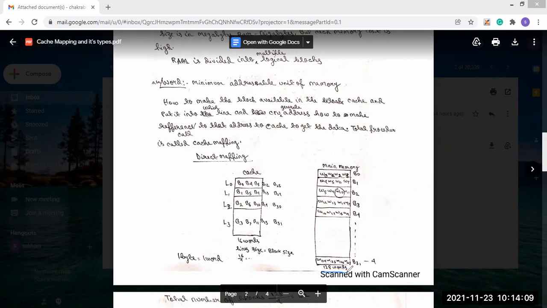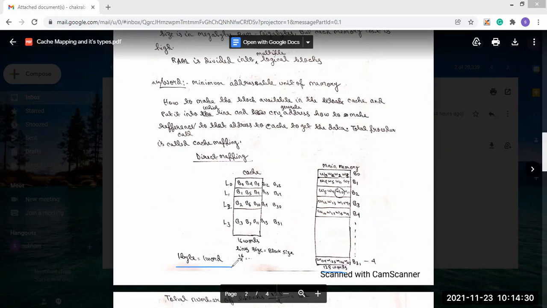This RAM has the capacity of 128 bytes, and we know 1 byte is equal to 1 word. So this RAM can store 128 bytes, or 128 words.